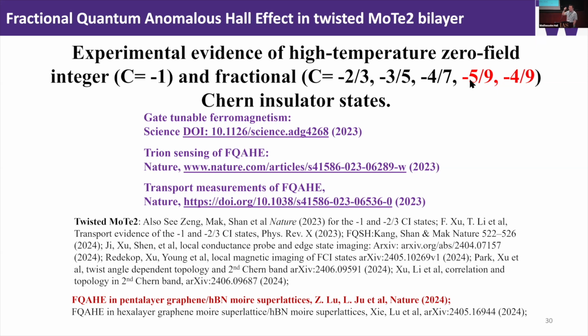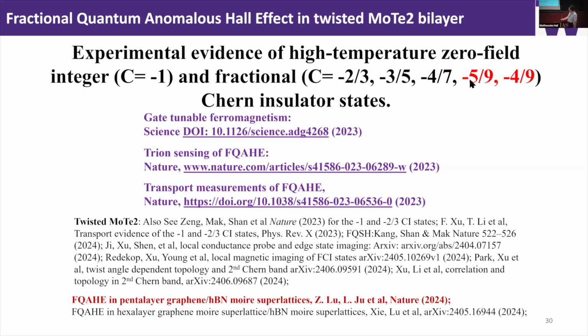The twisted MoTe2 system I talk about today is actually quite robust, and the phenomena have been observed by many groups in the field. Here I just summarize all the experimental papers so far. In addition to twisted MoTe2, you may have already heard from Long that they also observed the fractional quantized anomalous Hall effect in multilayer graphene.